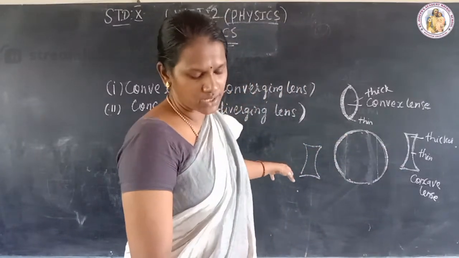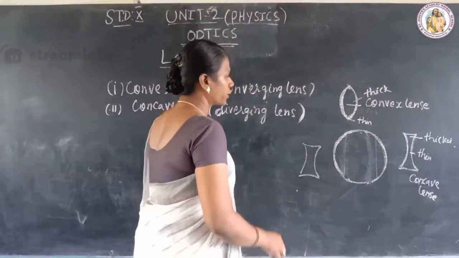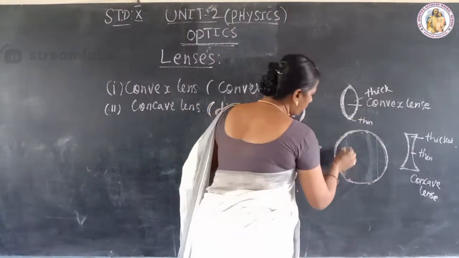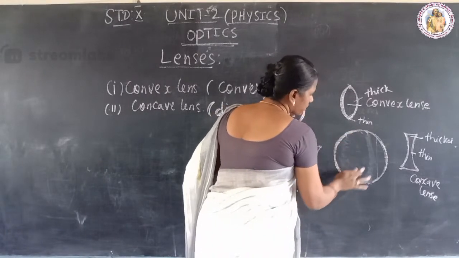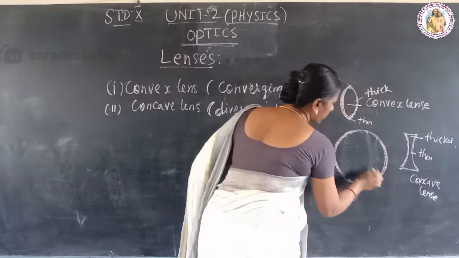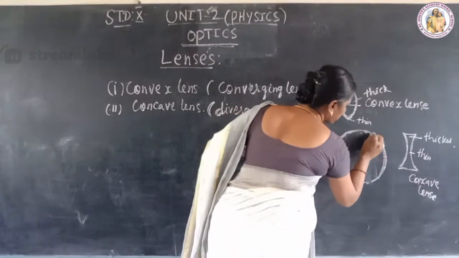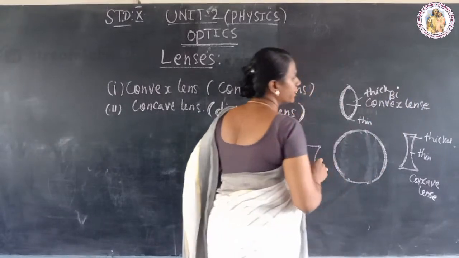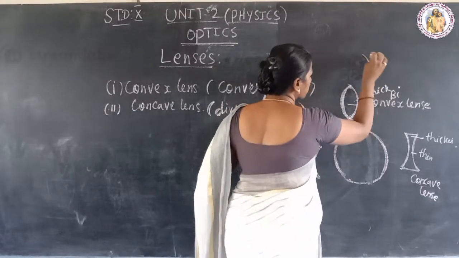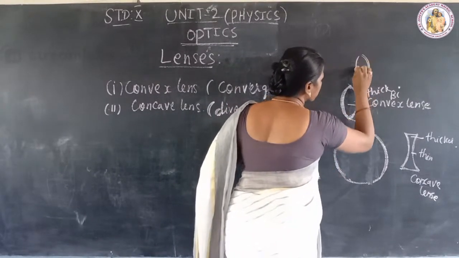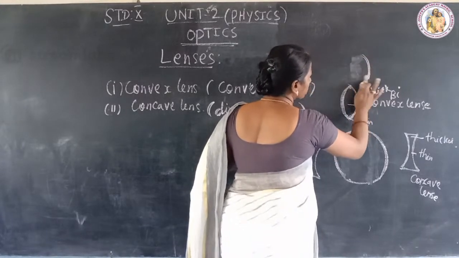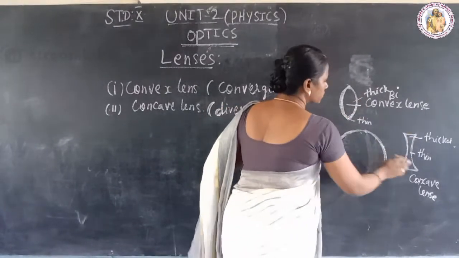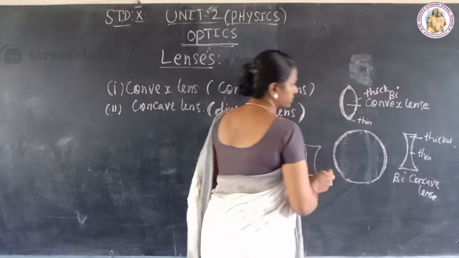This convex lens is otherwise known as a biconvex lens because it is actually made up of two spherical surfaces. Here also there is the biconcave lens.